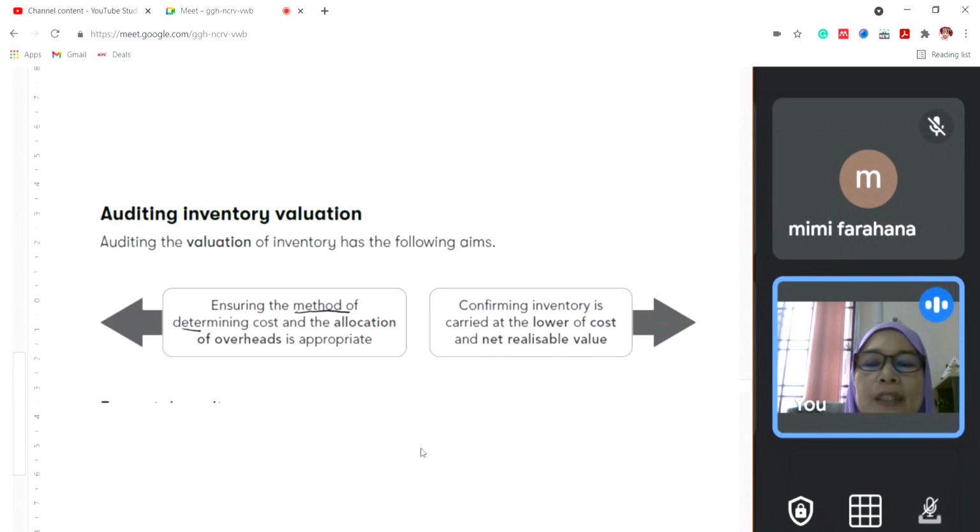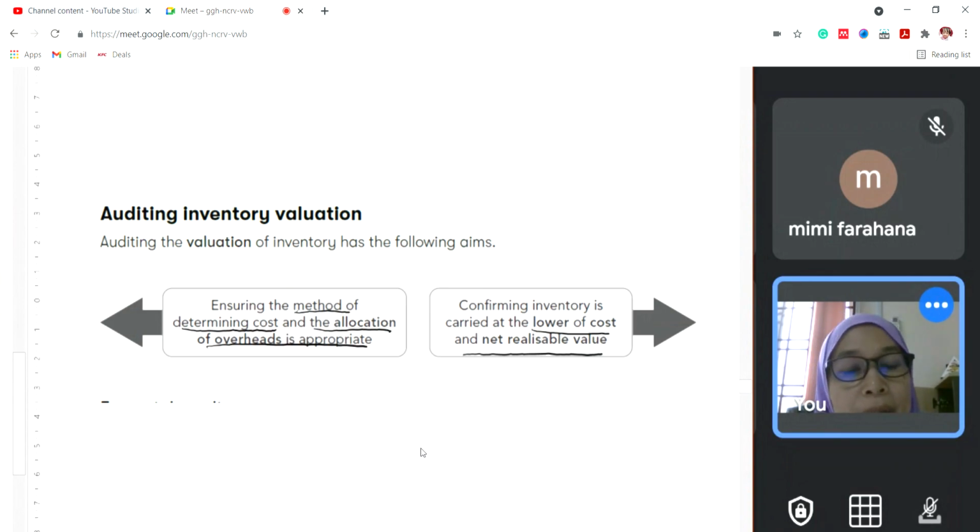And you need to ensure on confirming inventory is carried at the lower of cost and NRV. So you have to know the procedure to compare. So this one you have done in FFA. Okay, but from the auditor's point of view, you have to confirm whether the inventory is stated at the lower of cost and NRV.